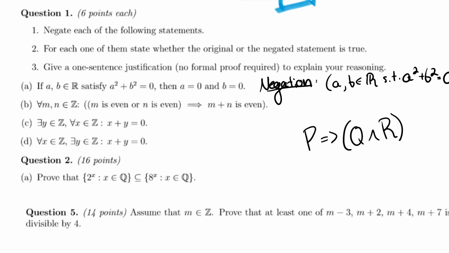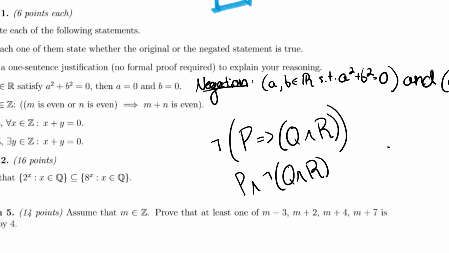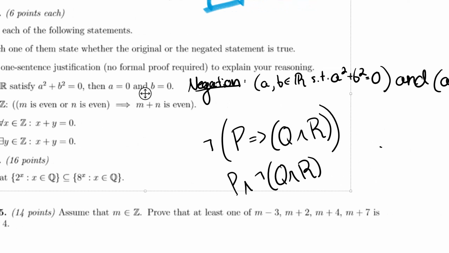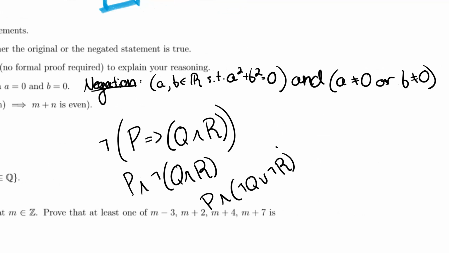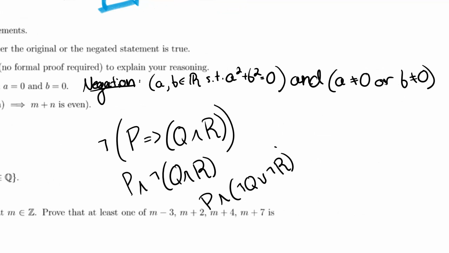Then the negation of this whole thing is p and the negation of q and r. But what is that? That is actually p and negation of q or negation of r. And so that's why I wrote it like I did. Okay, now I'm gonna erase this, so be warned, or pause.